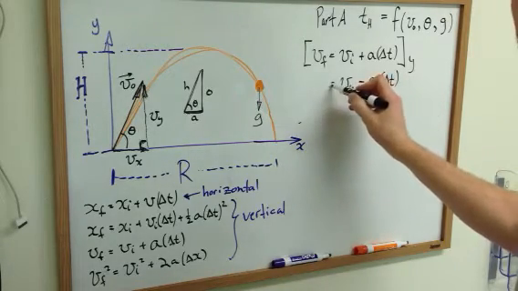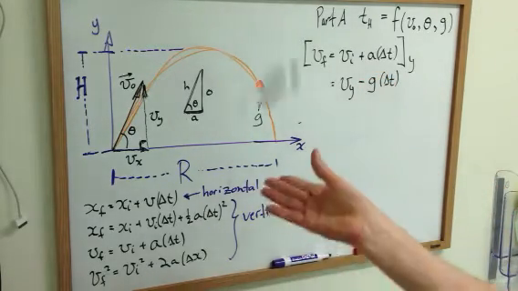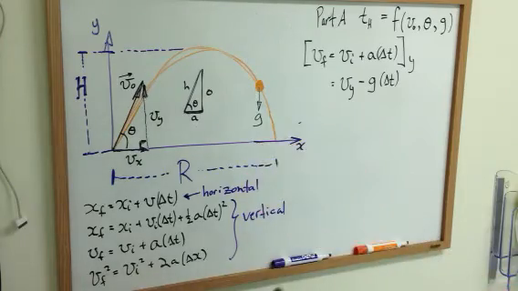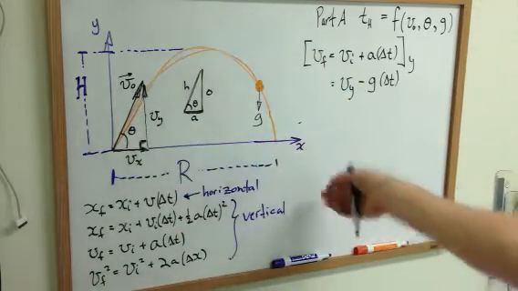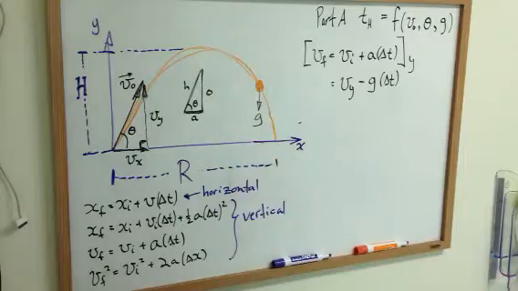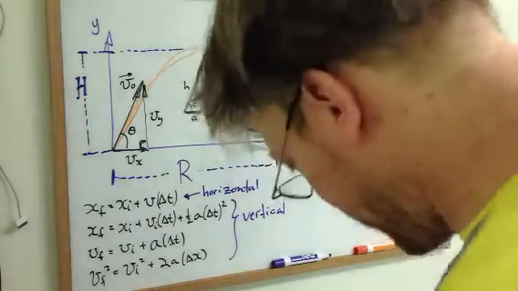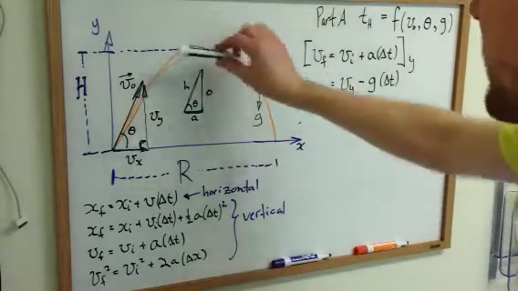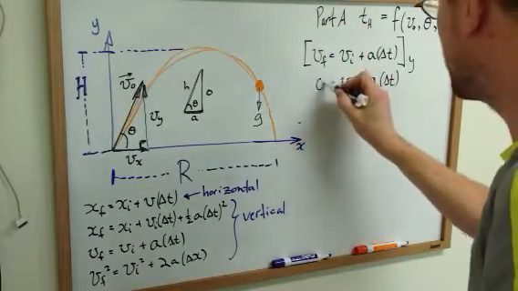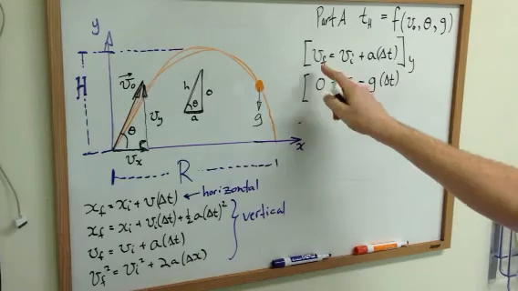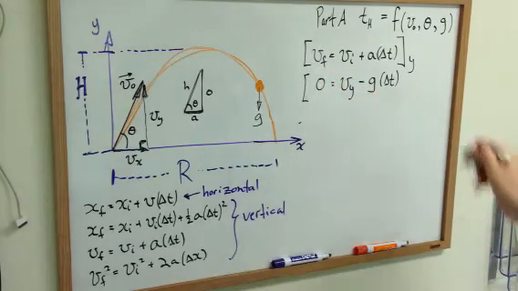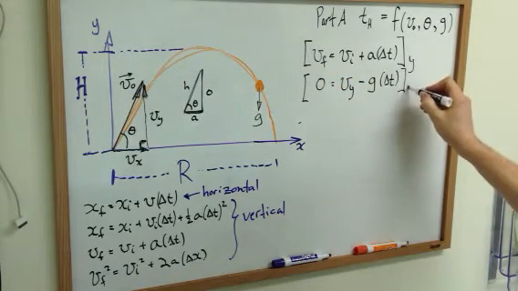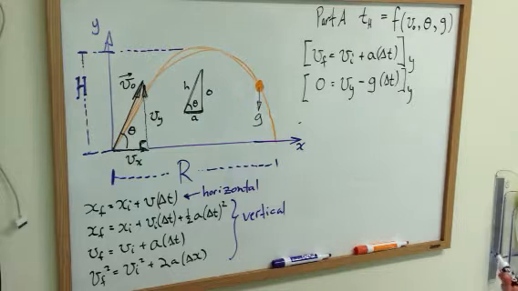And the final velocity of all objects in projectile motion in the vertical direction: if you go up and come down, at the very top your velocity is for a moment 0. You're going to have to recognize that and put that in. That's an input from physics thinking.